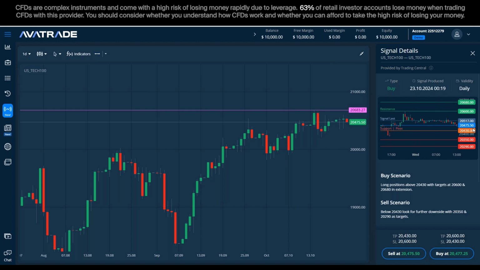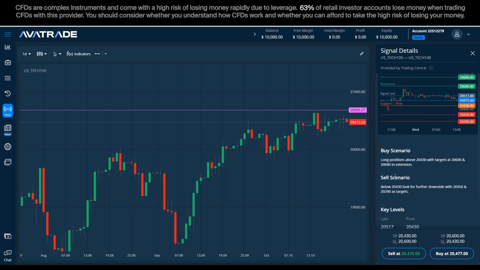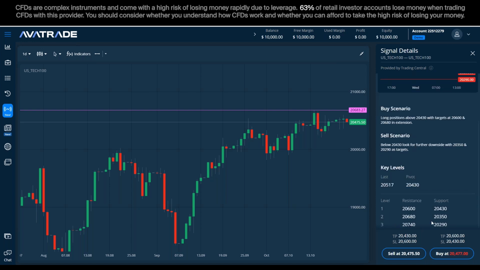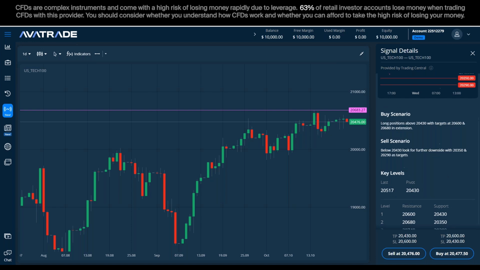And how does that work? It means that there is a buy scenario here, and there is a sell scenario here. So if I click here on the buy scenario, I'm going to have a take profit and stop loss already applied on the position, ready to execute.